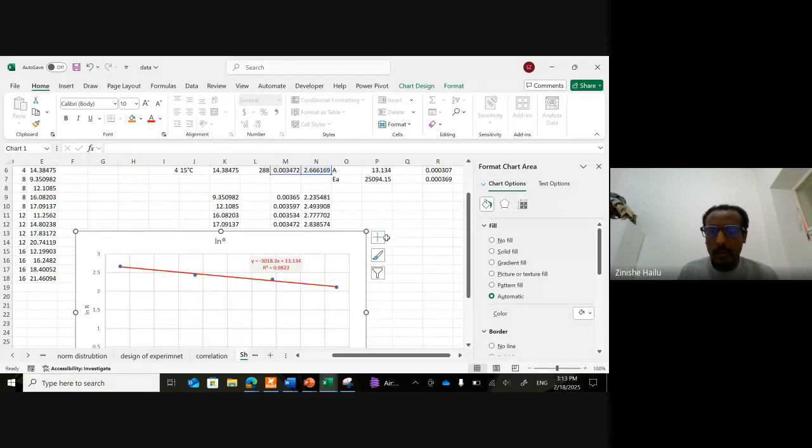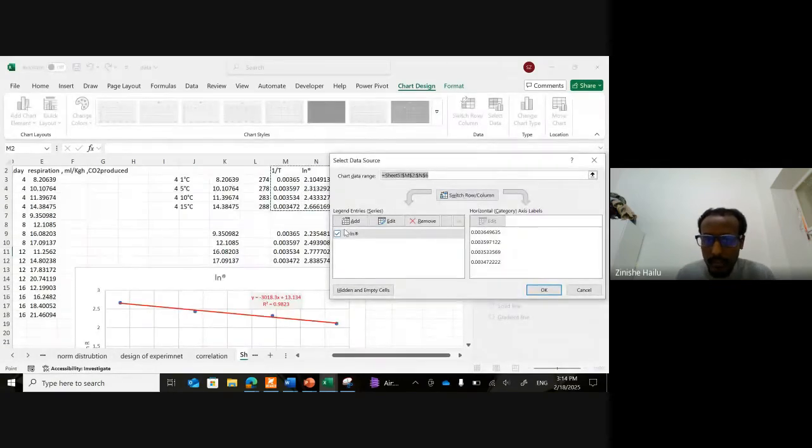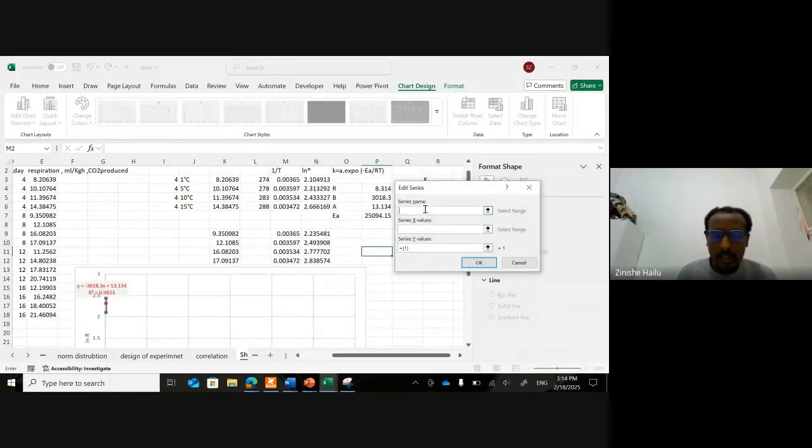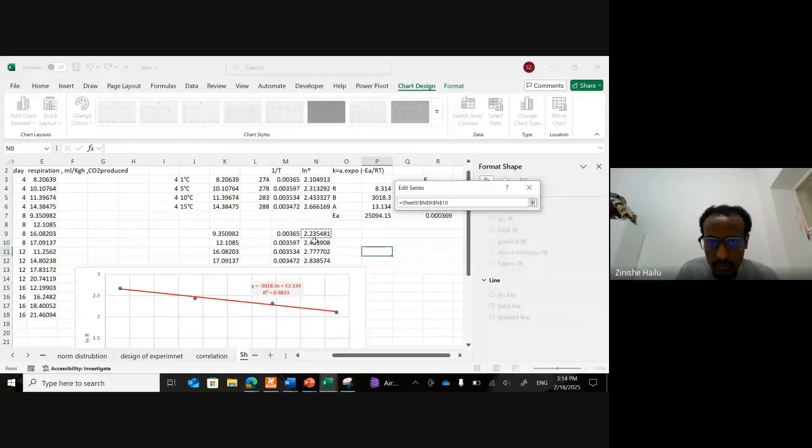Now we can click here again, select data. Then we can select this data, and we can add the points, and the 8th day. X is the same, and the Y is here.